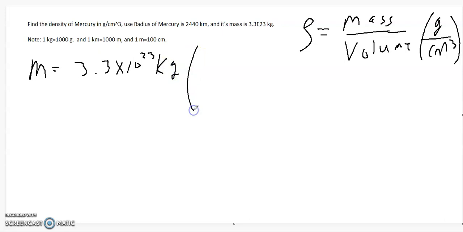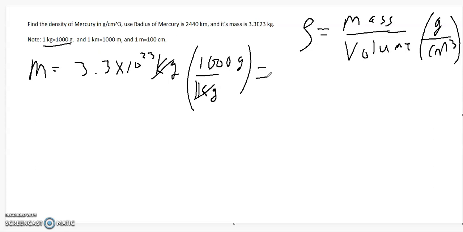All right, and so what you do is you say, well that's fine, I'm going to use this conversion right here. I know that 1 kilogram is 1,000 grams. I'm canceling the kilograms, so the kilograms go in the denominator, and that gives me the number of grams. Now, 1,000 is also 10 to the third, so this becomes really trivial.